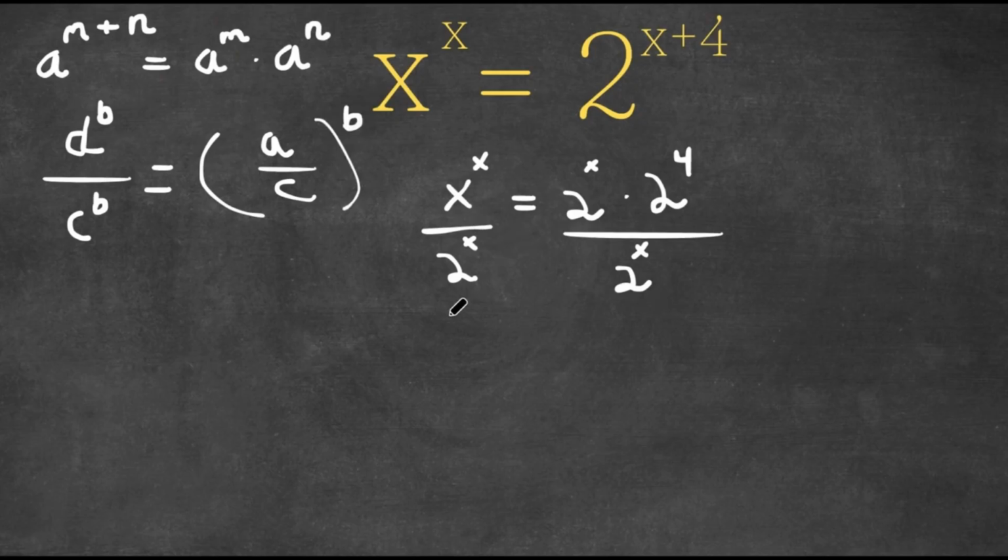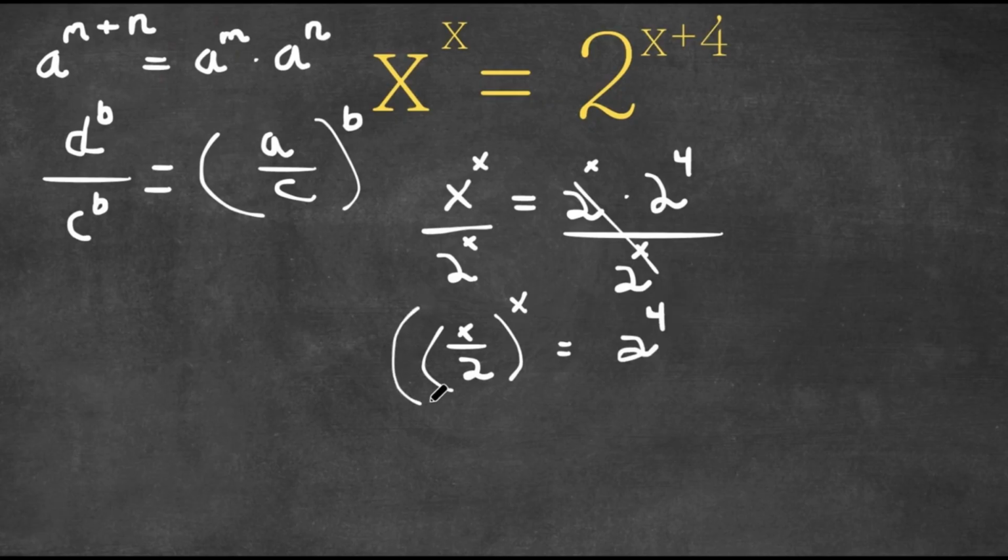So we have x to the power of x over 2 to the power of x, and this can be written as x over 2 to the power of x. This is equal to, these two cancel out, simply just 2 to the power of 4.